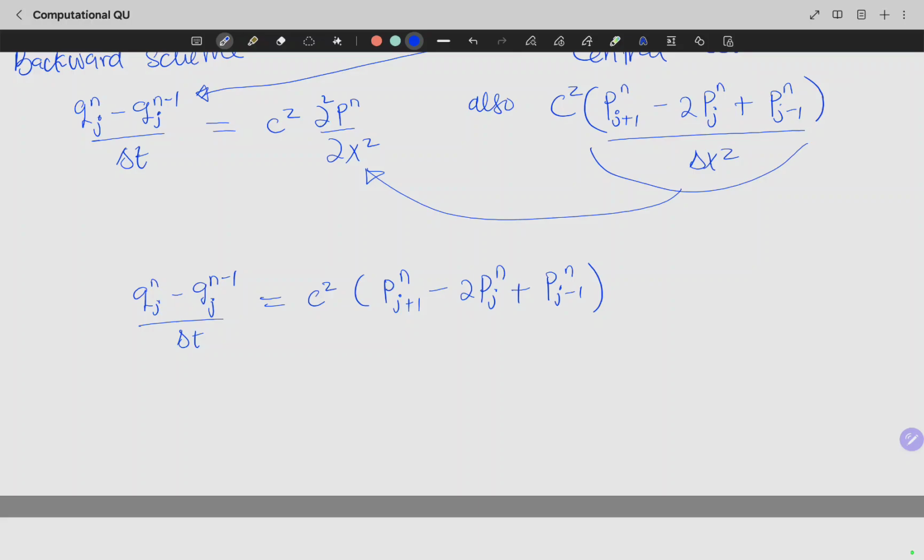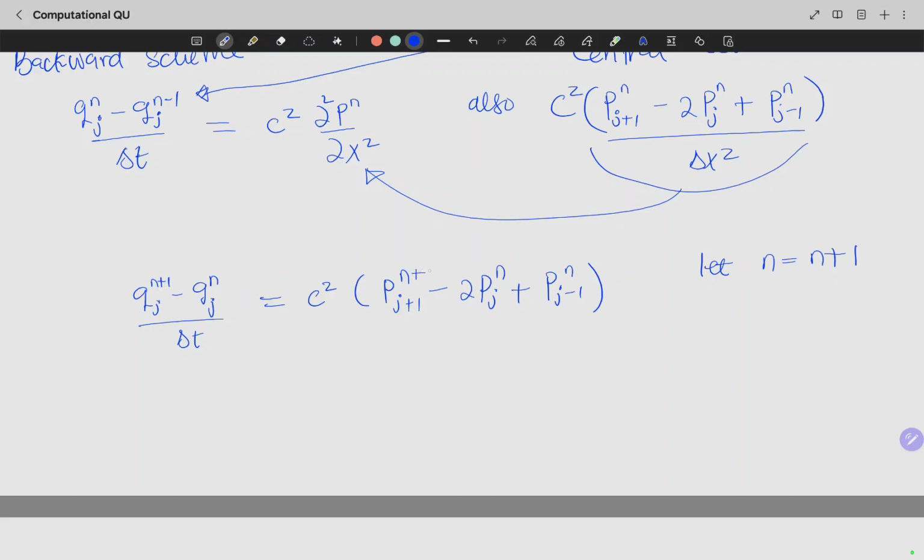Like we said, you have n and n minus 1. That means you are using n minus 1 to get n. So instead, we can let n equal n plus 1, so that when this one becomes n plus 1, n plus 1 minus 1 will be this.